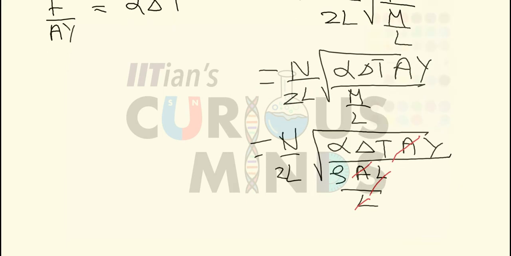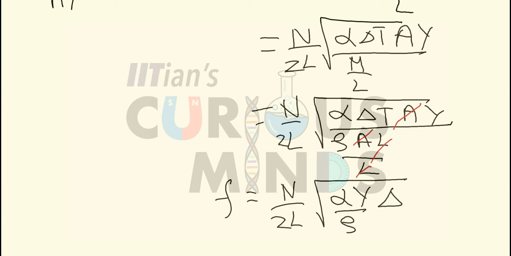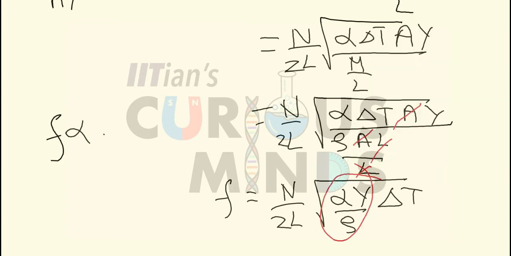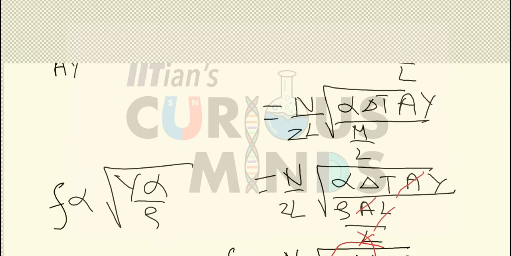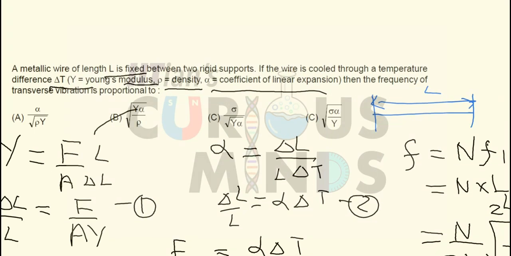So the frequency in any mode will be equal to n divided by 2L into root of alpha Y delta T divided by rho. So the frequency is proportional to root of Y alpha divided by rho, which is option number B.